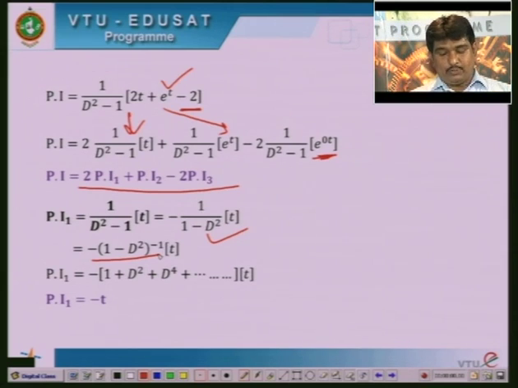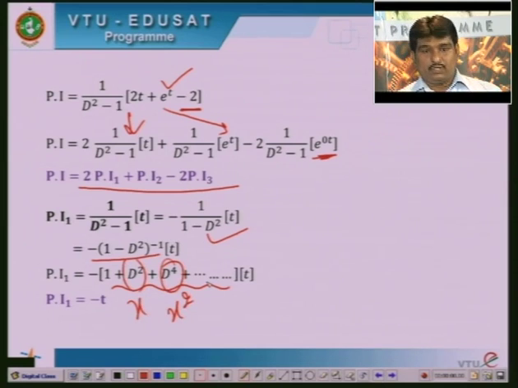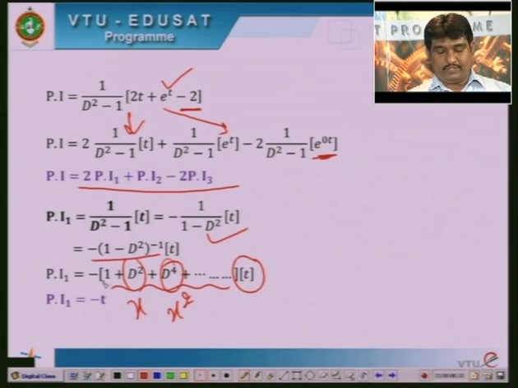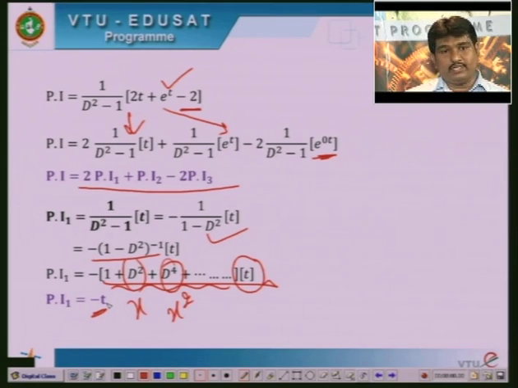You expand it using binomial expansion, which is 1 plus x plus x square plus x to the power of 4, and so on. As this is a polynomial of degree 1, the second order derivative as well as the fourth order derivative of t are 0. You are just left with the term 1 operated on t, which is t with a negative sign. So PI1 is minus t.